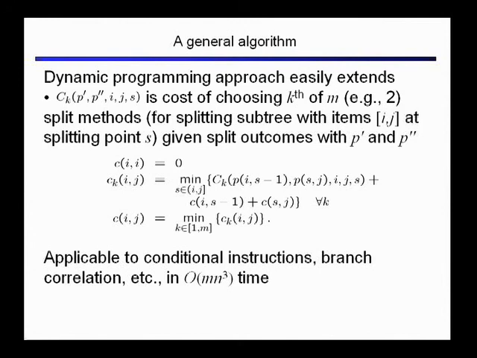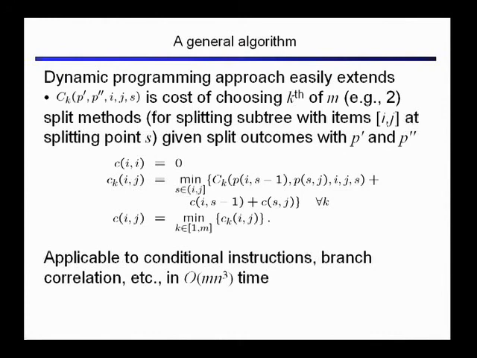And in that dynamic programming approach, you basically say, well, what is the cost given that the probability of one-way branch is p prime, the probability of another way branch is p double prime, and I'm considering the tree between i and j, inclusive, with splitting point s, using method k. So I'm going to have k possible methods. You can have one asymmetry, another asymmetry, a different method. Combine it all, and you get a general formulation like this.